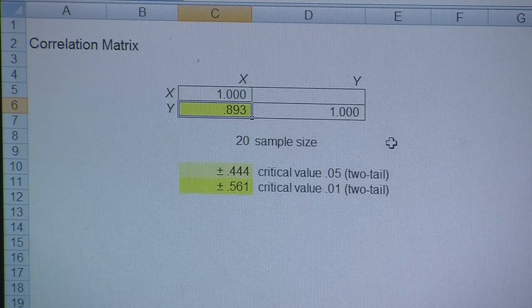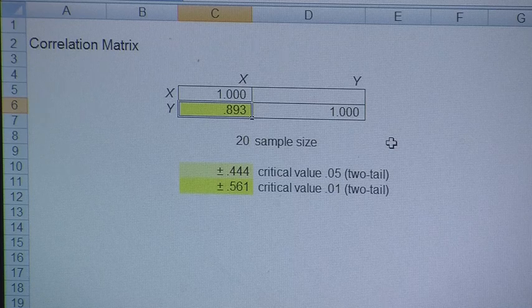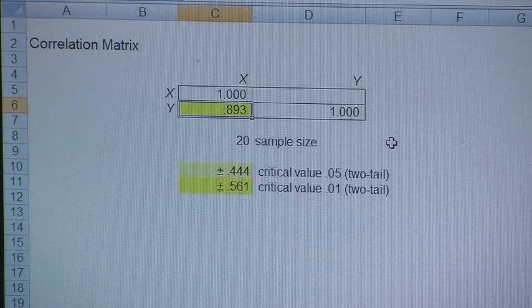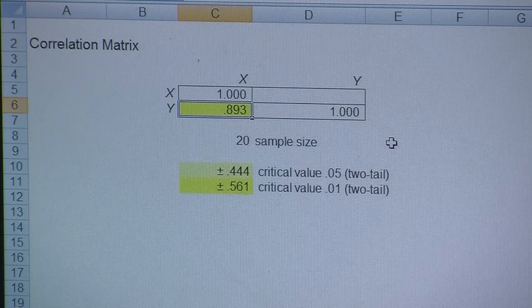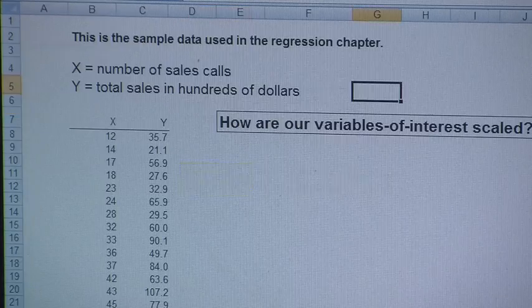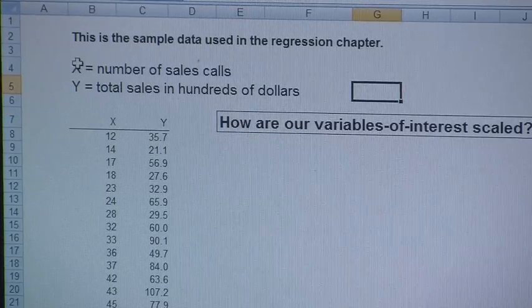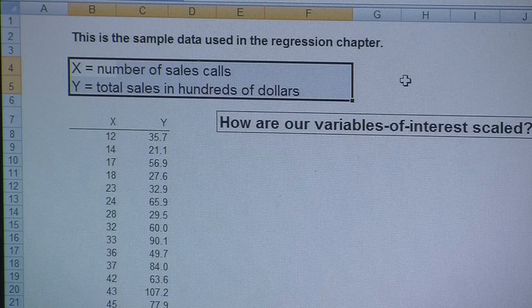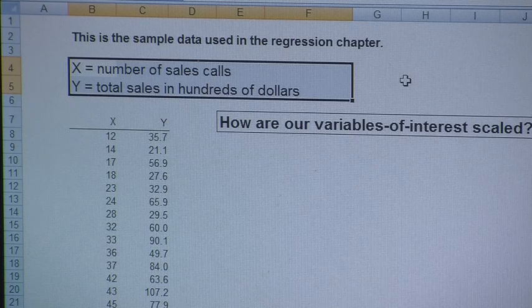In other words, we would reject the null hypothesis that variables X and Y are not correlated with one another, and conclude that variables X and Y are correlated. Thus, we would conclude that there is a correlation between the number of sales calls that a salesperson makes and how much he or she generates in dollars of sales.